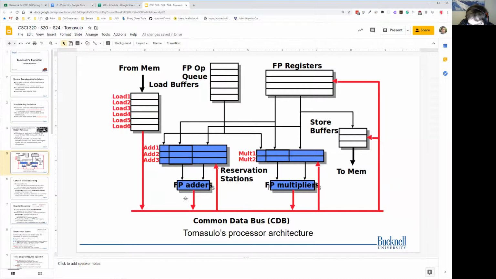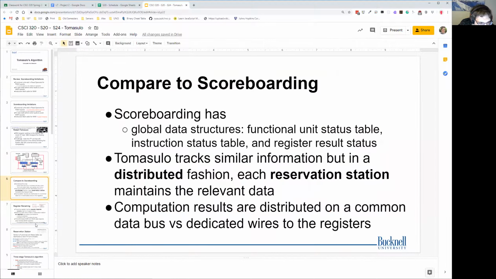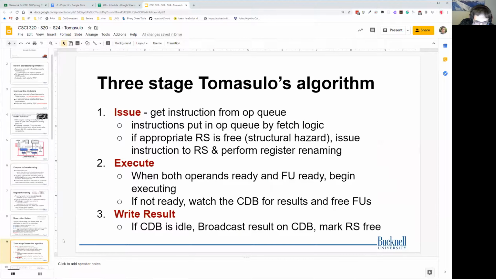So we will kind of put that on the bus, and we could call this broadcast or write back. But I think I have this information here. Yeah, so we have the issue, the execute, and finally the write. Okay, that's less stages than in scoreboard.